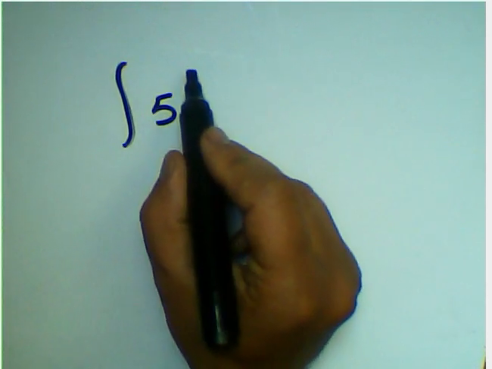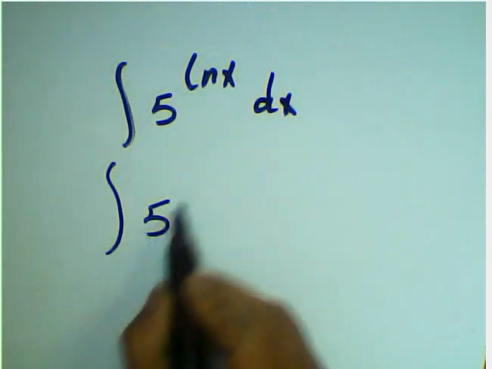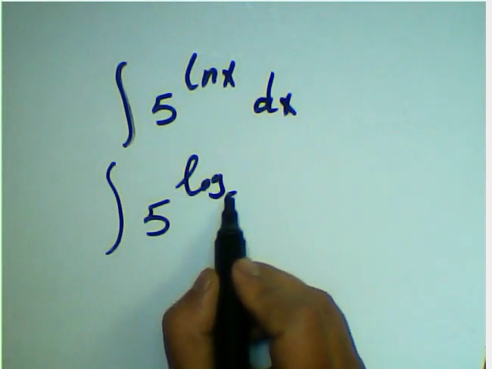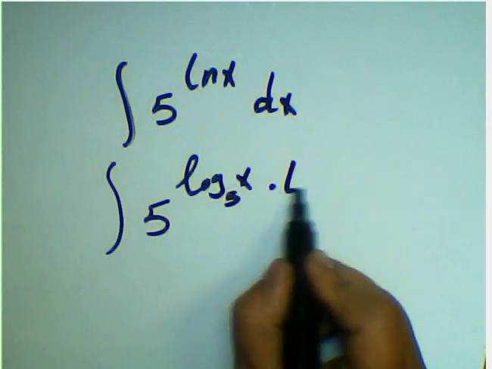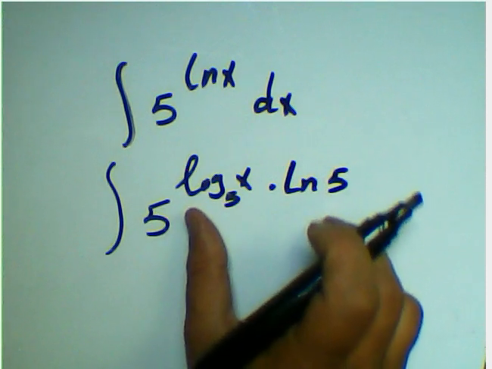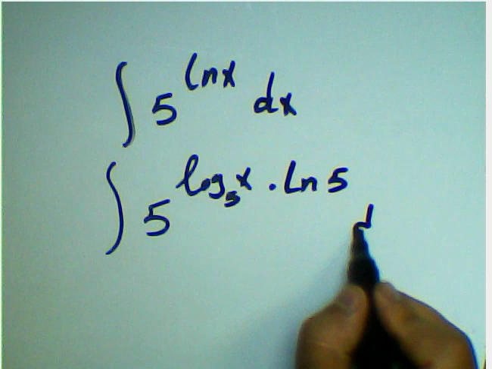Okay, I will give you another example, this question. We have here the integration of 5 power ln x dx. We can write 5 power log x to the base 5 multiplied by ln 5, because the multiplication of them will be ln x. Understood? All dx.